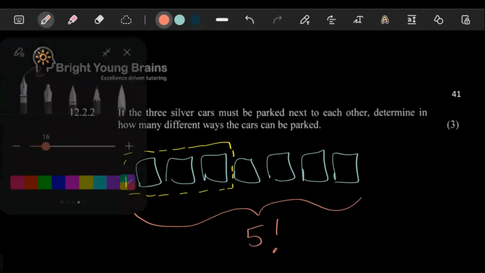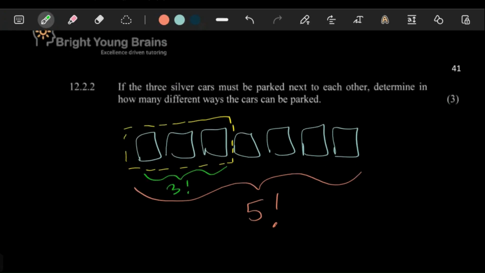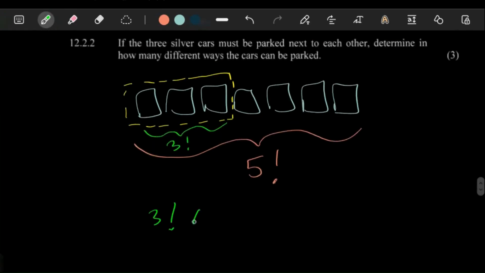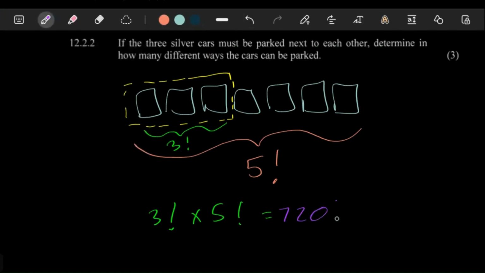However, because you have 3 that are stuck together, these can be arranged in 3 factorial ways. So the total number of combinations is 3 factorial times 5 factorial, which is 720.